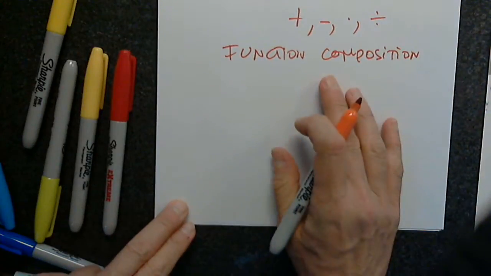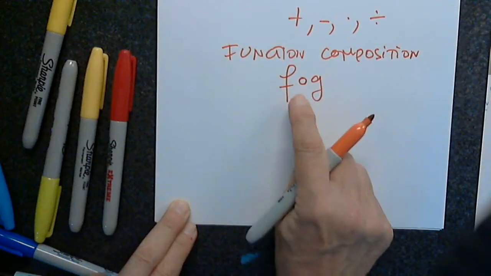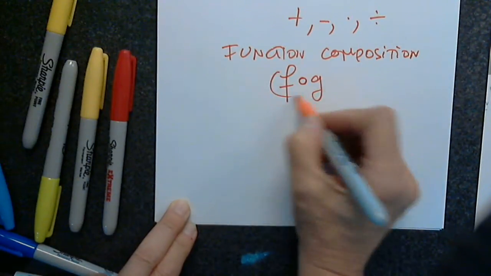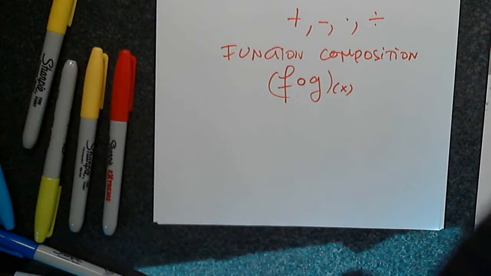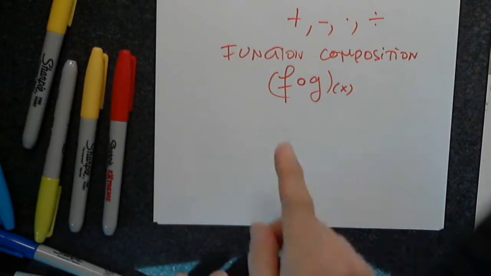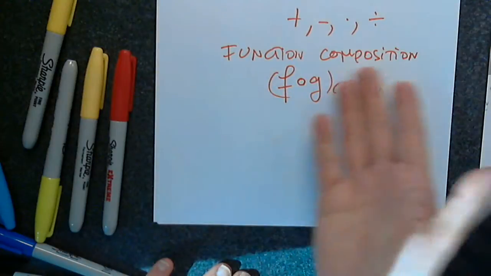The notation for function composition would be this. It's a little circle of x. What does this section deal with? It gives us two functions, and we're asked to create new functions from the given functions. How? By adding, subtracting, multiplying, and dividing, or by function composition.